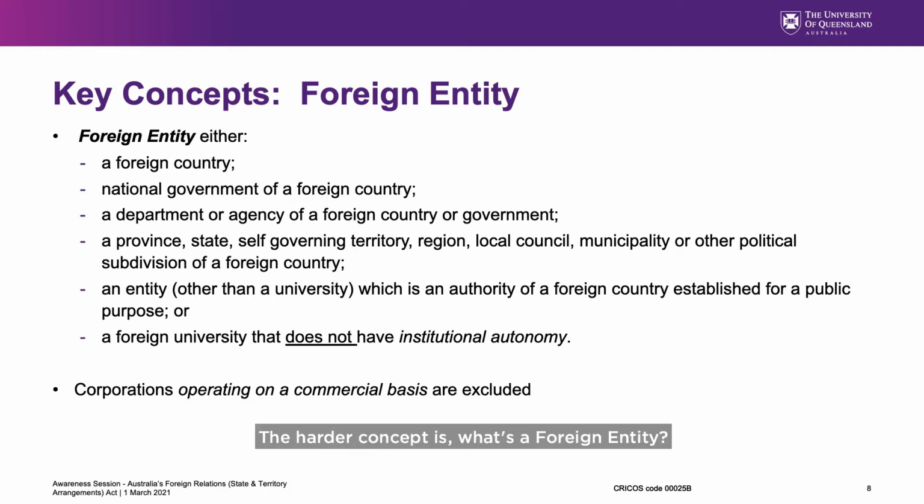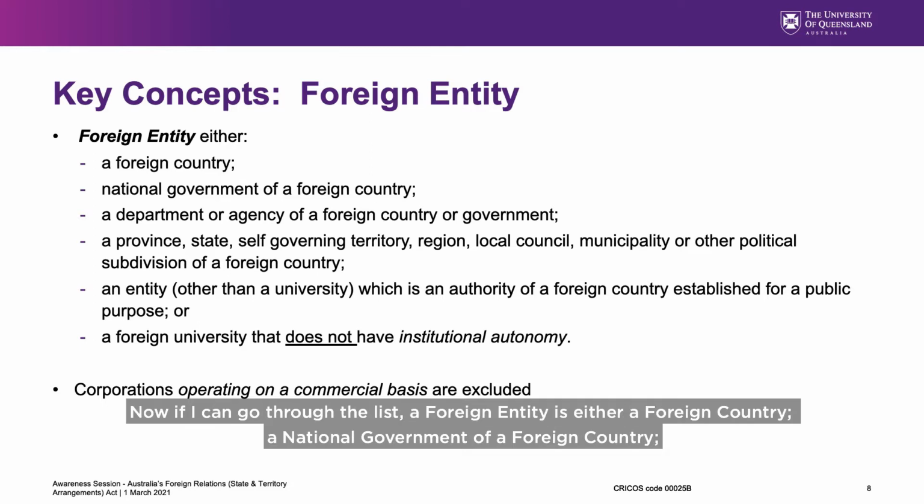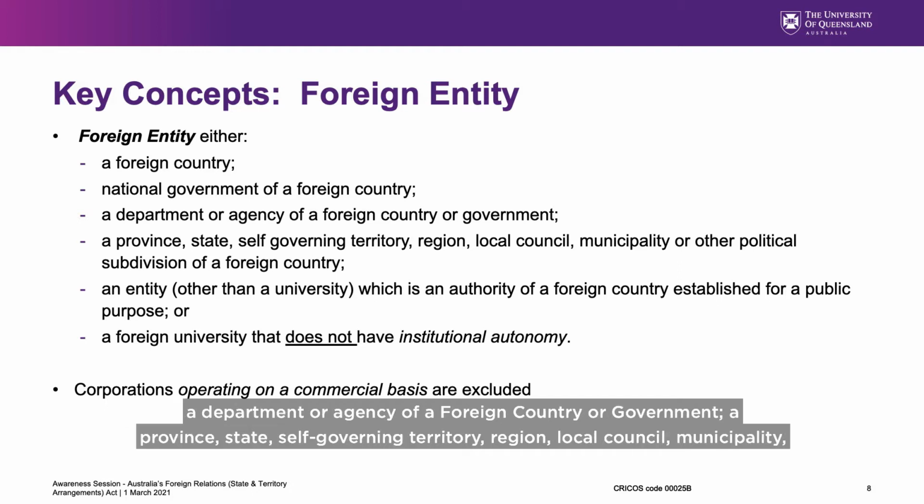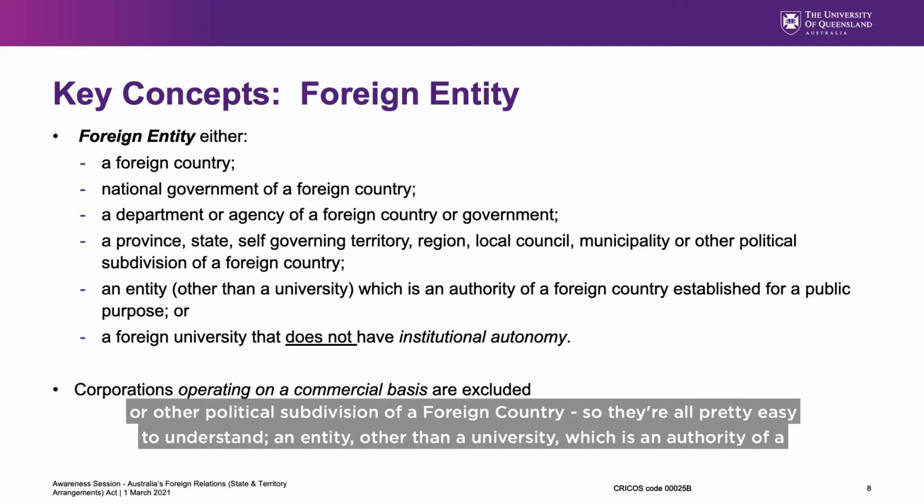The harder concept is what's a foreign entity. Now, if I could go through the list, a foreign entity is either a foreign country, a national government of a foreign country, a department or agency of a foreign country or government, a province, state, self-governing territory, region, local council, municipality or other political subdivision of a foreign country. So they're all pretty easy to understand.